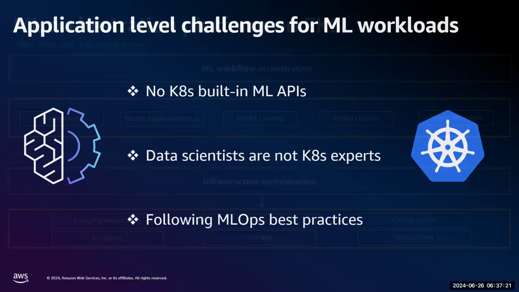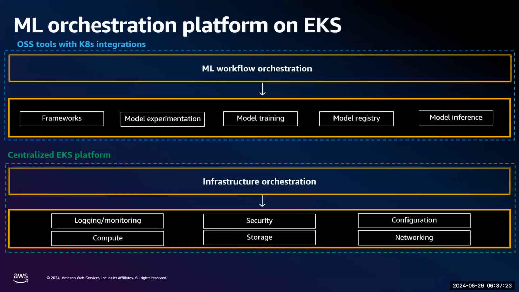So the approach here is that at the bottom, you have a container platform that's powered by EKS. You have your typical capabilities around observability, scaling, and networking already taken care of. On top of that, you add the open source tooling.